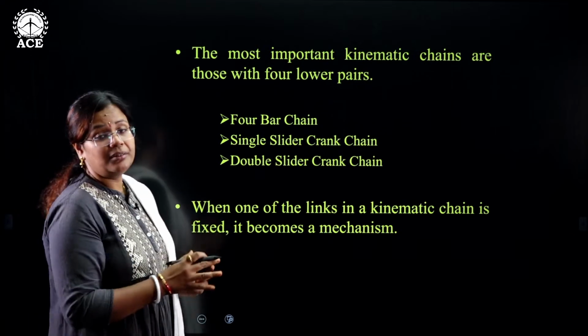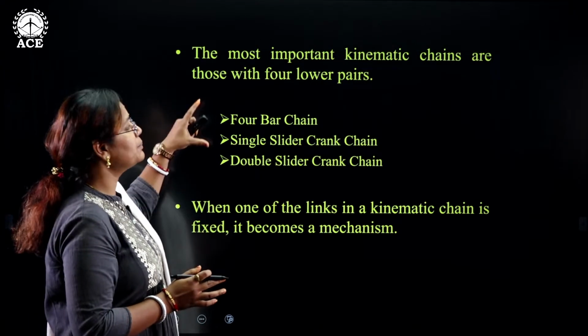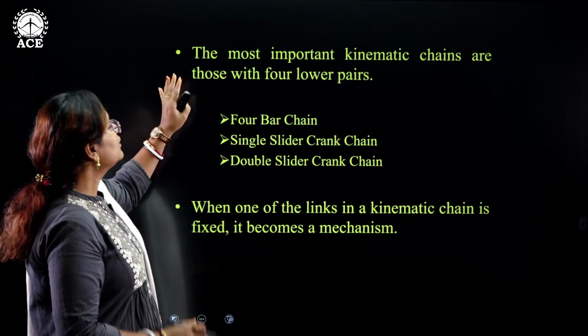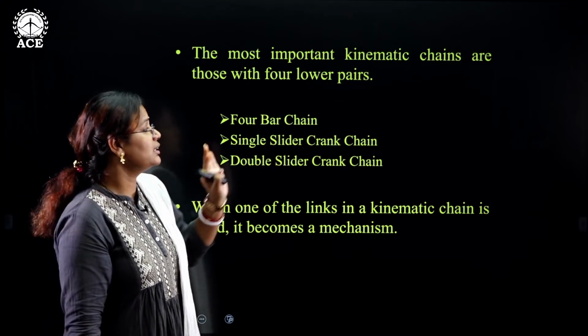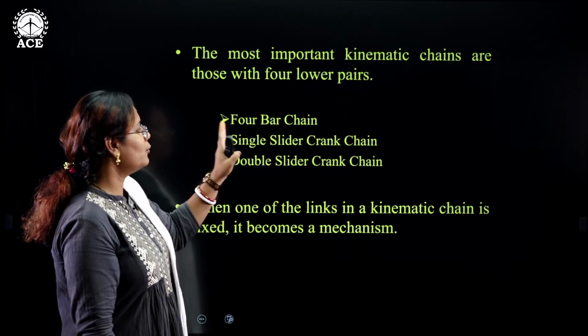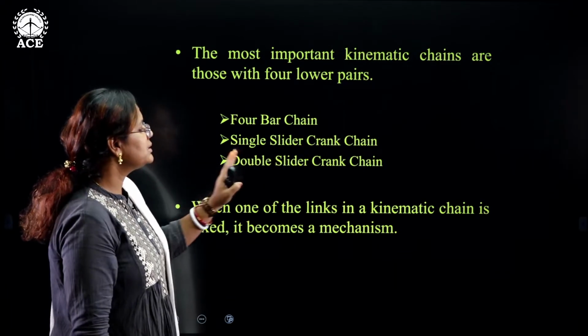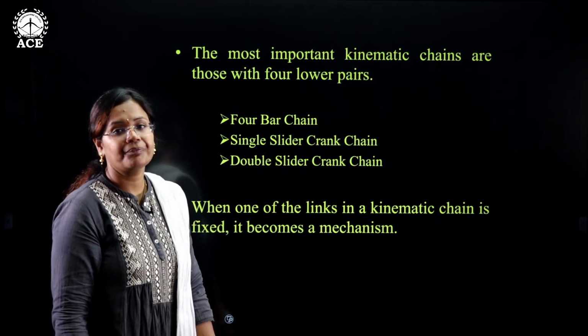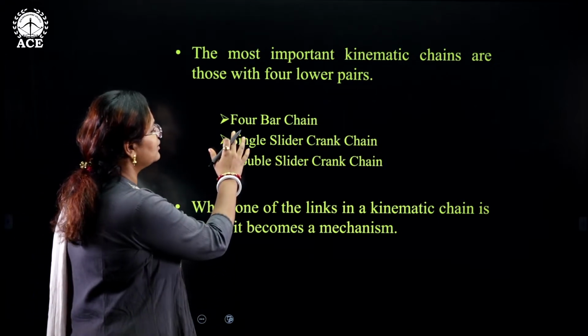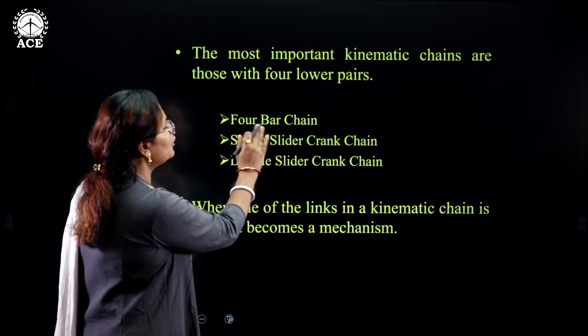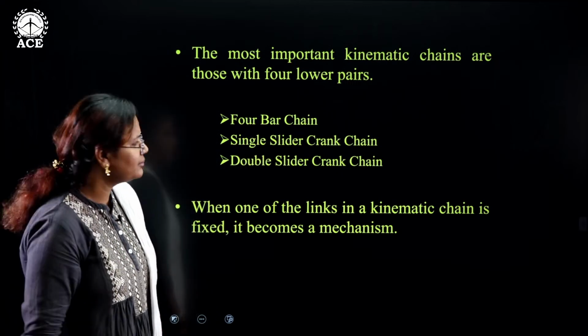So here today we will be discussing the most important part of the chapter. The most important kinematic chains are these three: 4-bar chain, single slider crank chain, double slider crank chain. Now, what are these? 4-bar means there are 4 links in it.